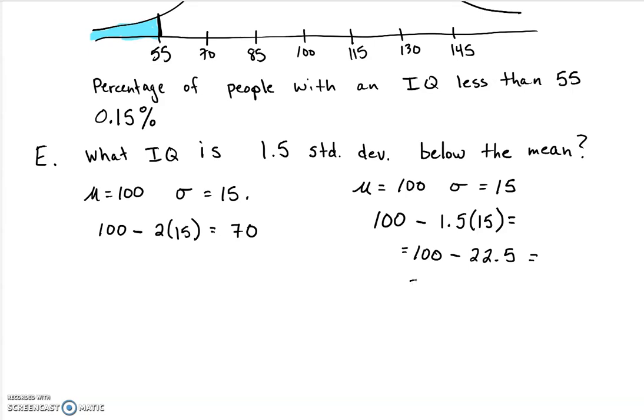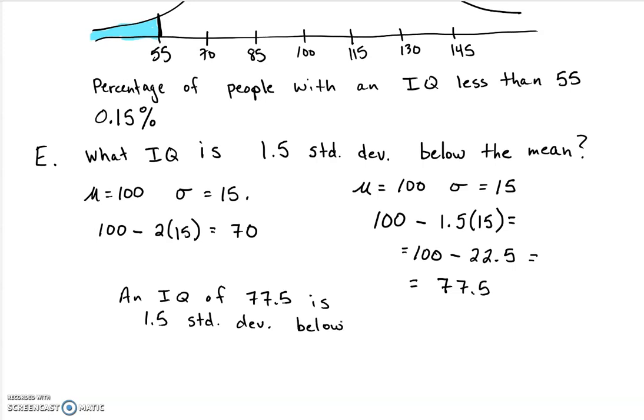And if we do the subtraction, we get 77.5. So that means an IQ of 77.5 is, I guess we should say, is the IQ that is 1.5 standard deviations below the mean.